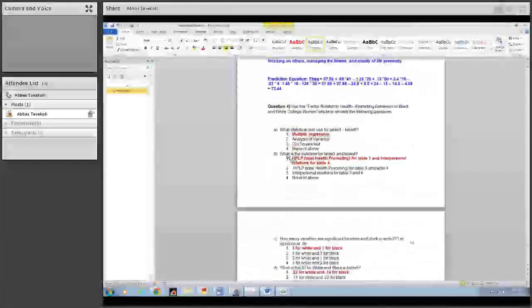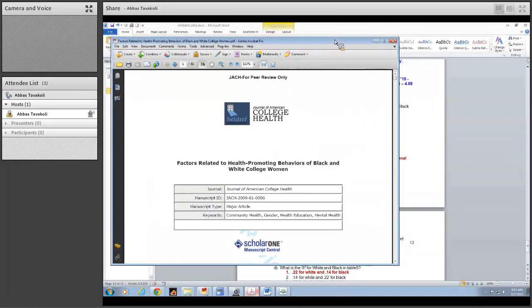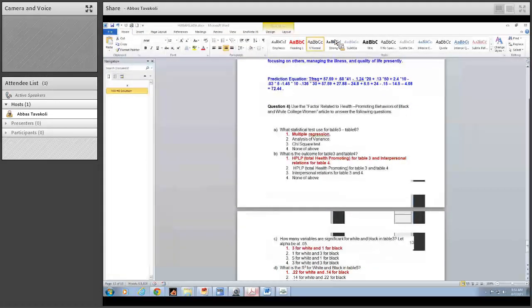Question 4, I asked you to look at the manuscript on factors related to health promoting, and in table 3, tell me what statistical test was used. If you look at table 3, we had several variables in the model.